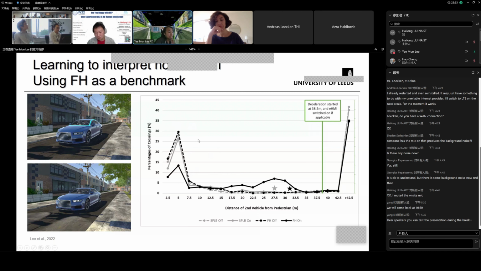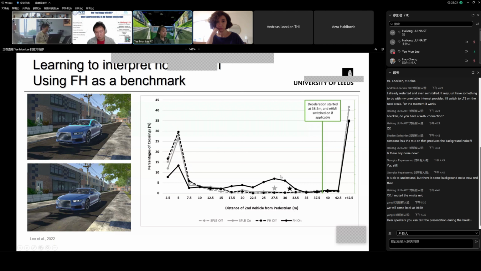But what you can see here is this little bump, a little increase in crossing, a very distinctively different black line. What we are seeing here is indeed when the flashing headlights is switched on. When the flashing headlights is switched on, you can see slightly more increase in crossing, even though the vehicle is still moving and decelerating in this particular scenario, and they don't necessarily have to wait until the vehicle comes to a full stop.